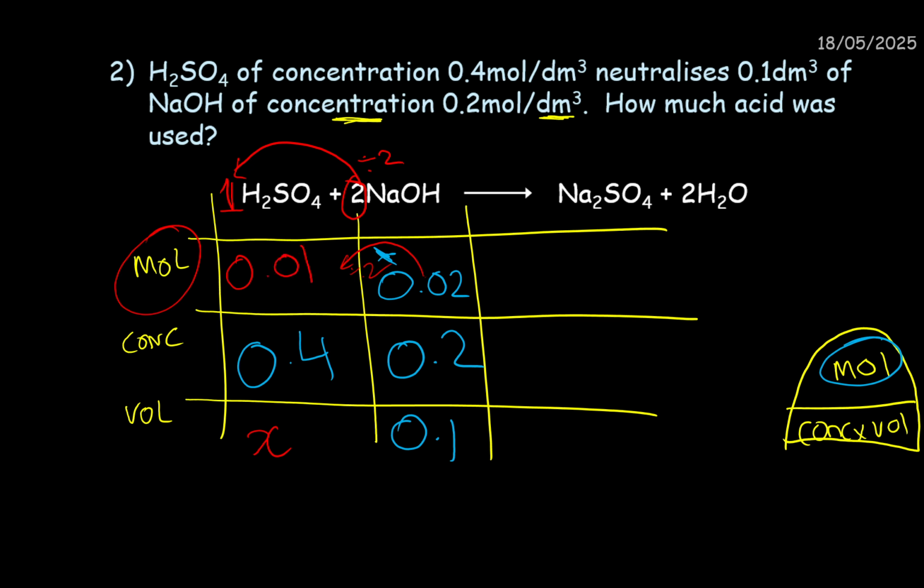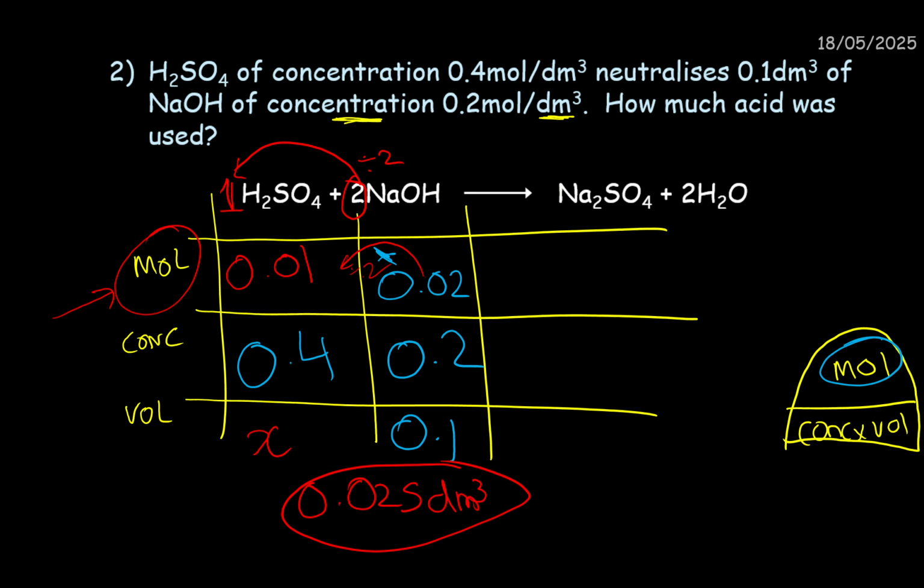The ratio only works with moles, not with the other two. So now we find the volume: 0.01 divided by 0.4. The answer should be 0.025 decimeter cubed. And that's how we do these types of questions.